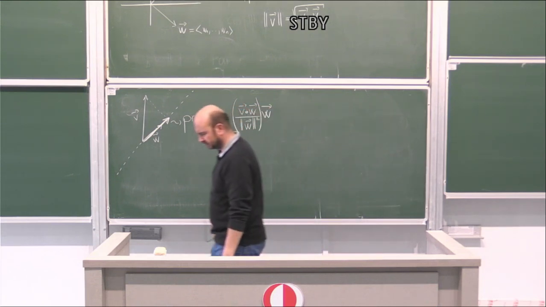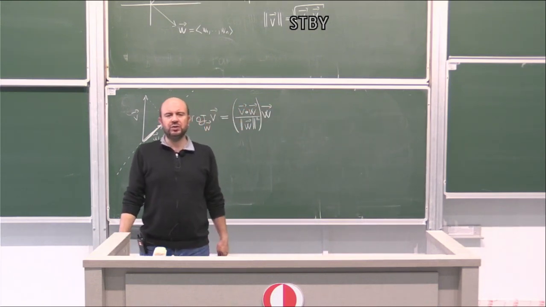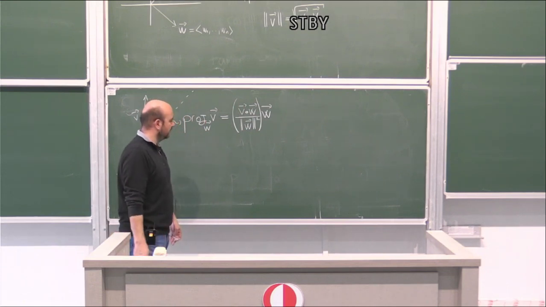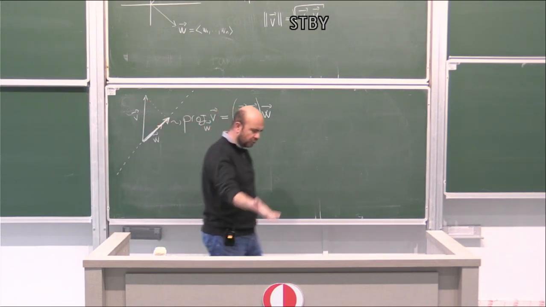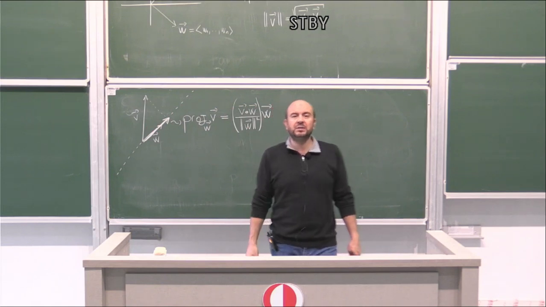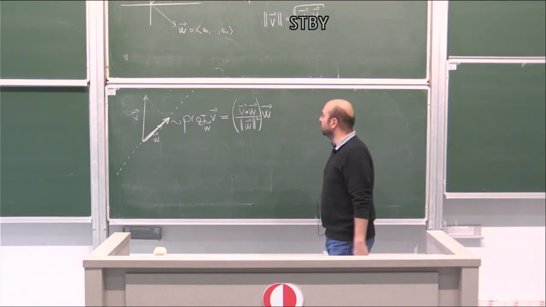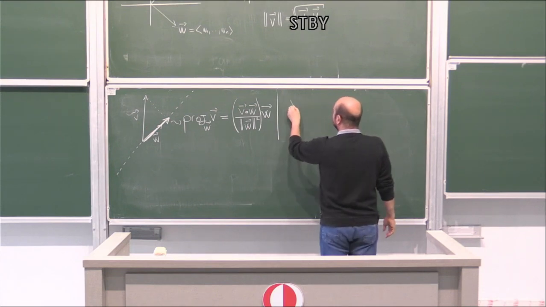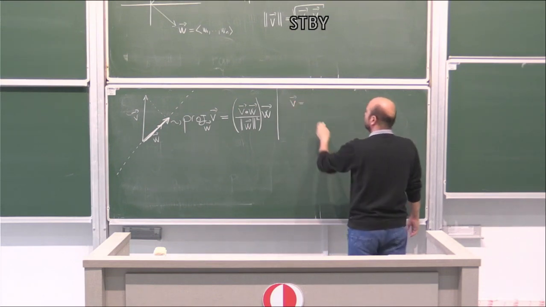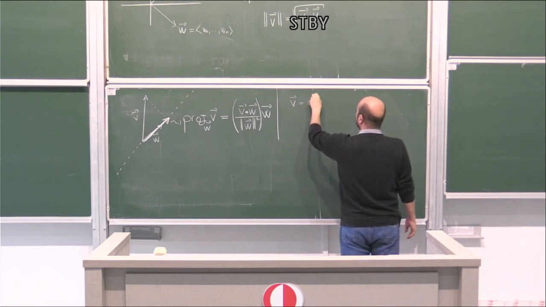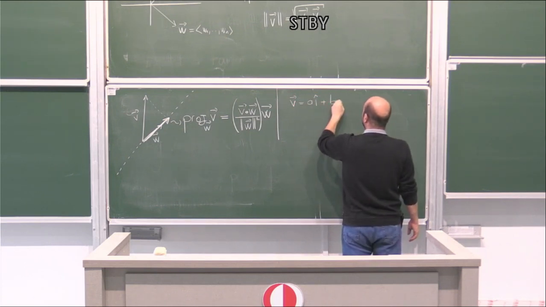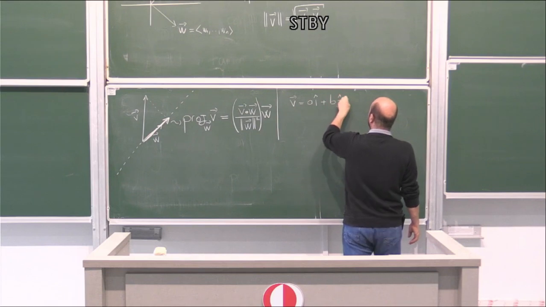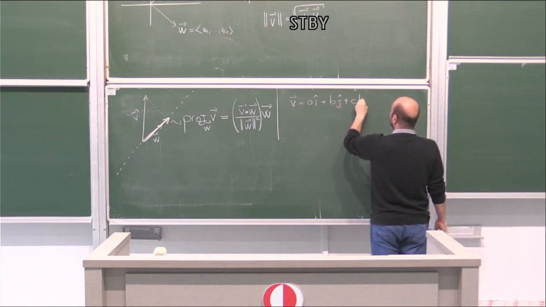We also use these projections in physics courses, if you remember. When you are given a vector in physics courses, typically we write it using i, j, and k.